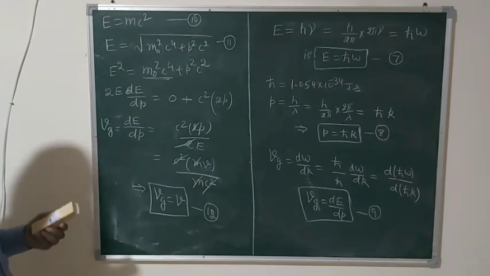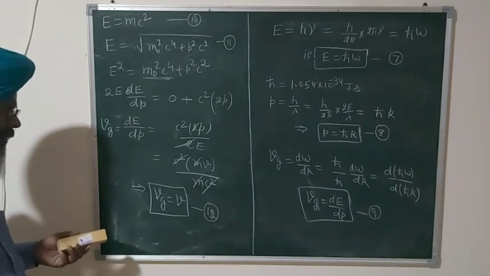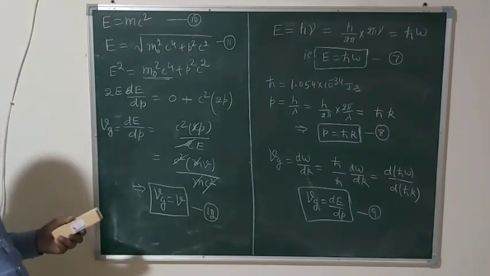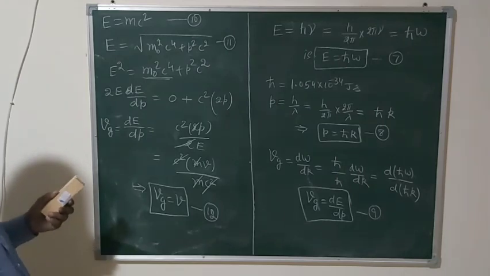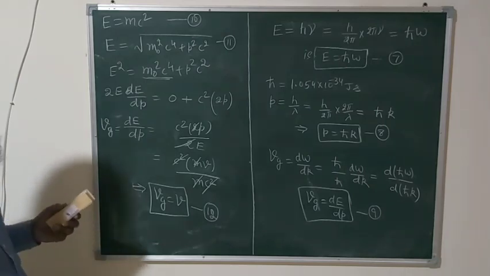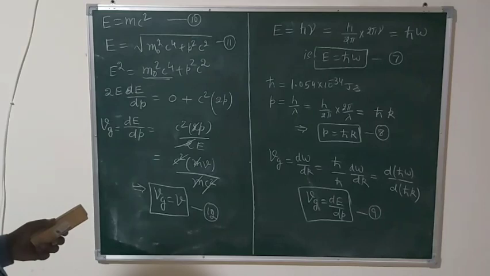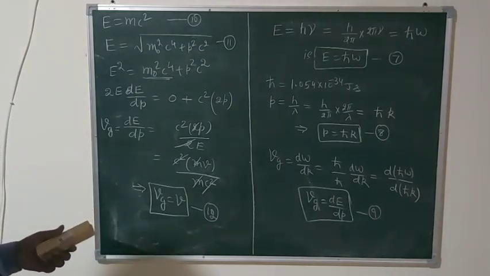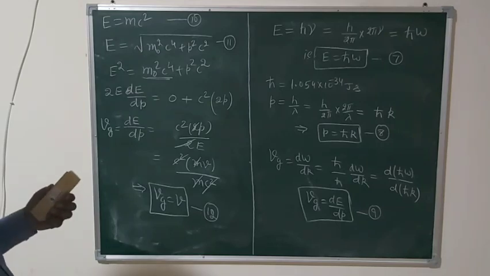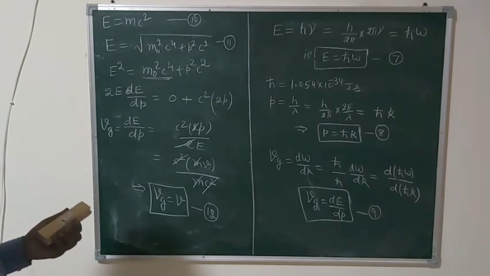So therefore it is indeed true that the particle is traveling with the speed of the wave packet rather than the speed of a single de Broglie wave. And the speed of the wave packet is obtained by finding out the average of all the de Broglie waves that are constituting the wave packet.